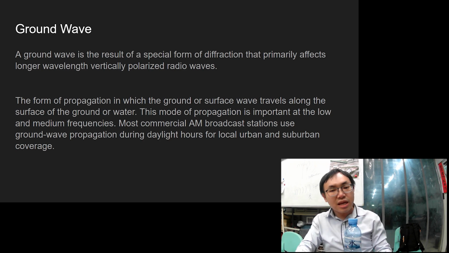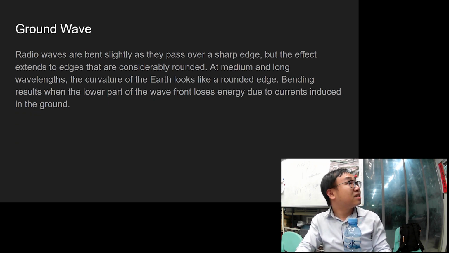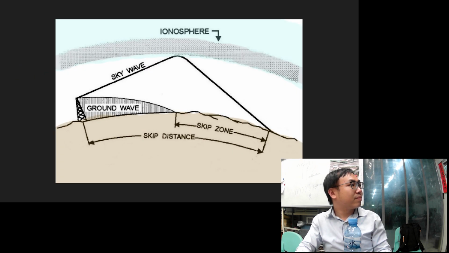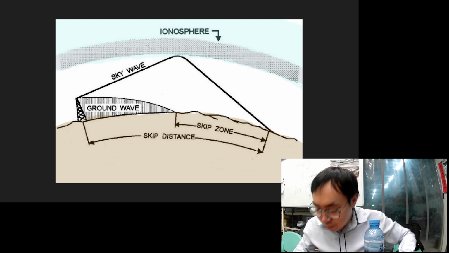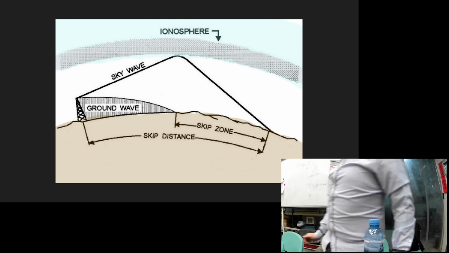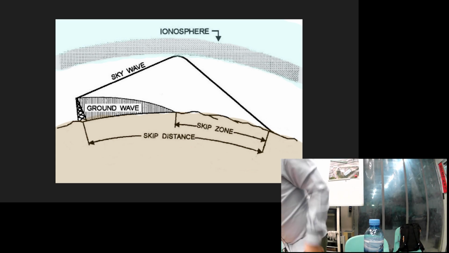In short, it's like this. We are not going to talk about the sky wave yet. We talk about the ground wave. This is the best image I can find on the web. So if you have the Earth, the ground wave... I found that I didn't have a very good illustration. Let me draw it.